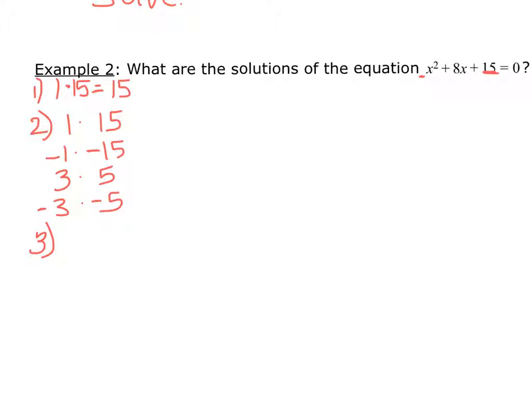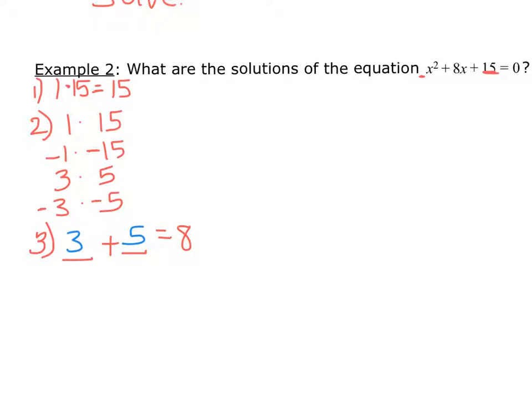Okay? All right, so number 3, which of these add up to 8? 3 and 5. Beautiful.